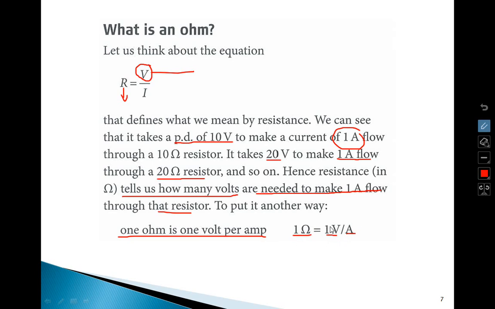We can say that it is the amount of voltage needed to make 1 ampere go through a resistance. Or 1 ohm is 1 volt per 1 ampere. So this is the relation between V, R and I.